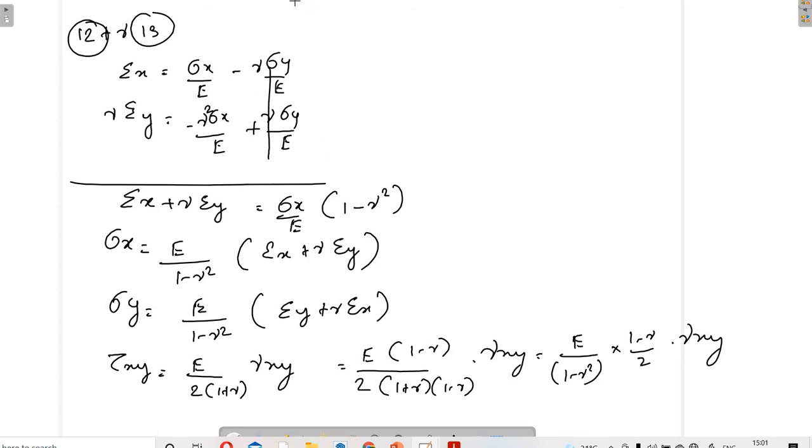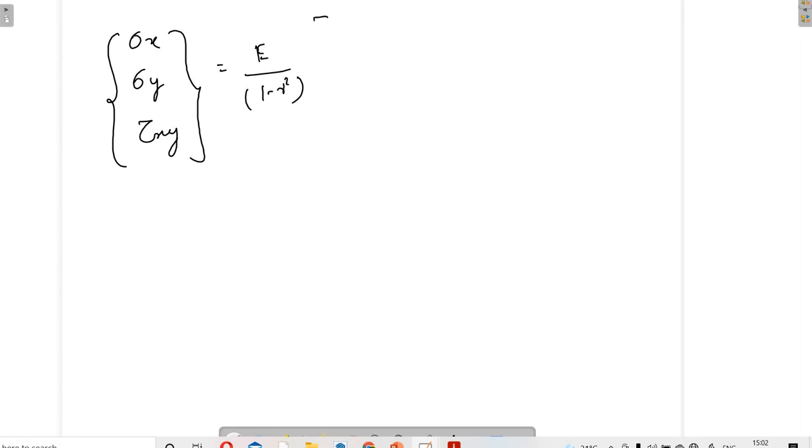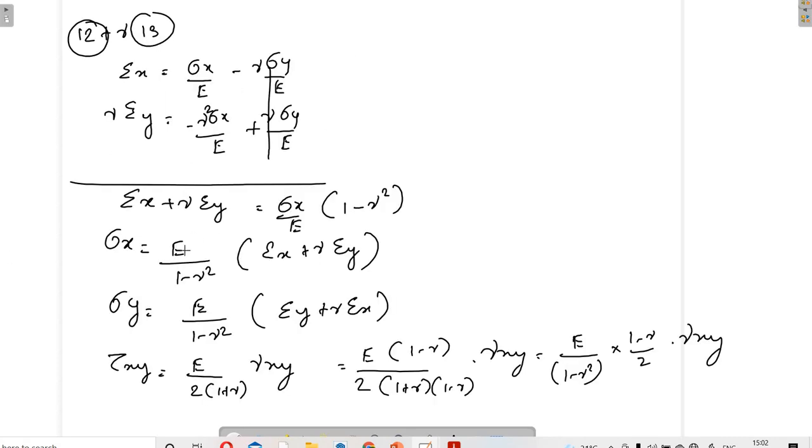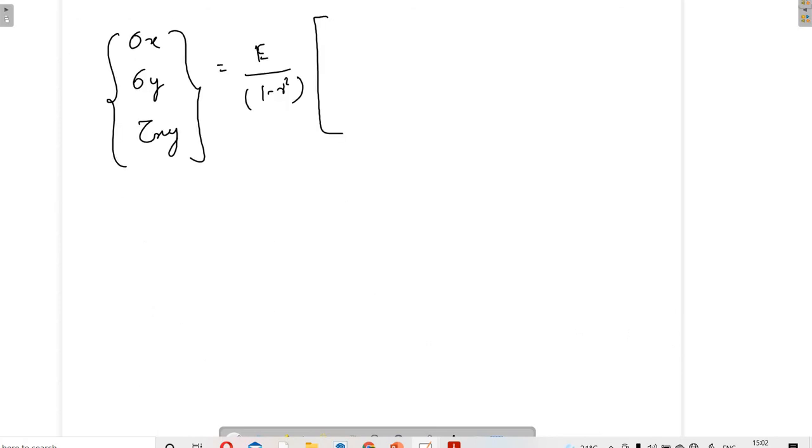So we can write this in matrix form also: sigma x, sigma y, tau xy for the plane stress problem. E divided by 1 minus nu square is common, and if you read the first equation, epsilon x, the coefficient is 1, here it is nu. So I am going to put 1, nu, and there is no coefficient for gamma xy, so 0.